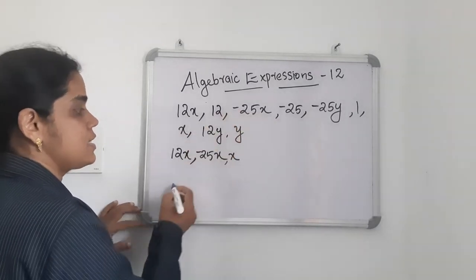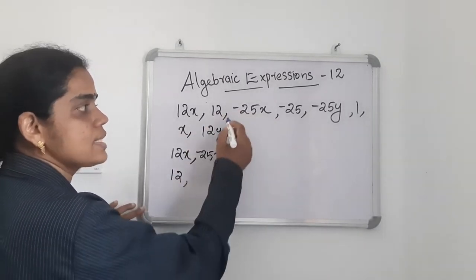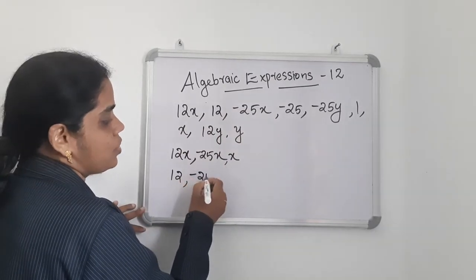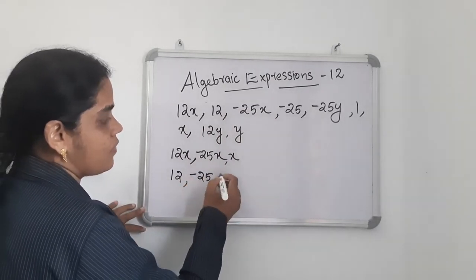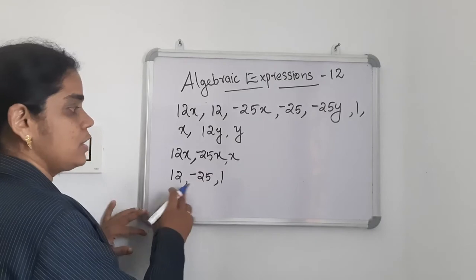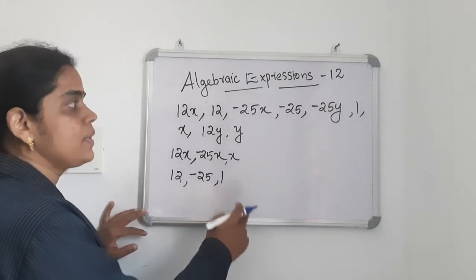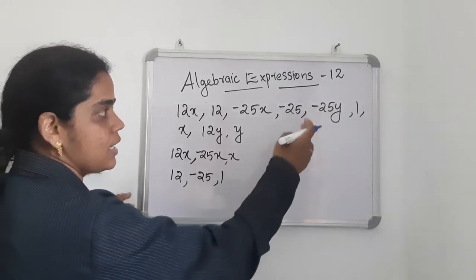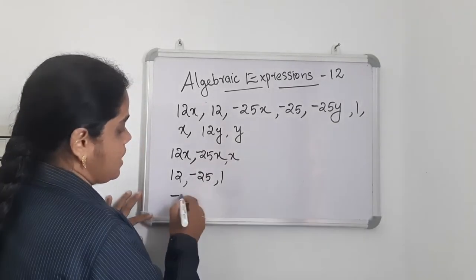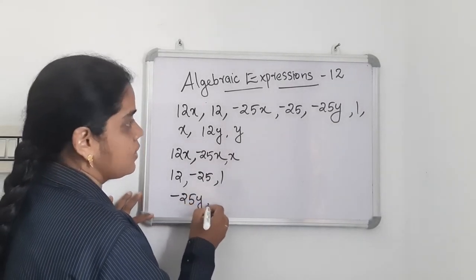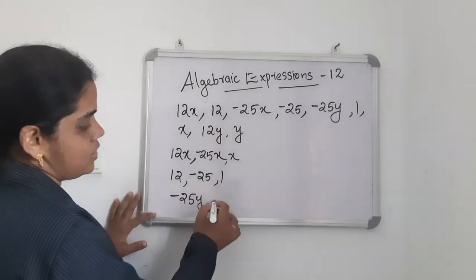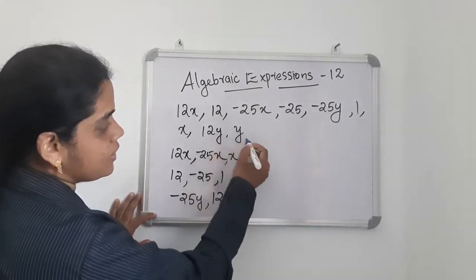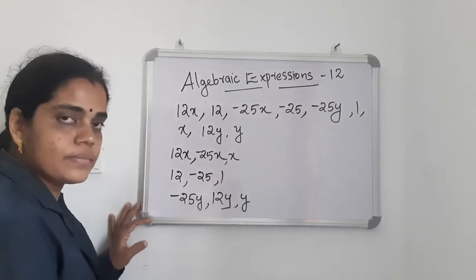Next we consider constant numbers. 12 is a constant, negative 25 is a constant, 1 is a constant. So these three are like terms. Then what is next? Here the y terms. So we take minus 25y, then its like terms are 12y and another y.